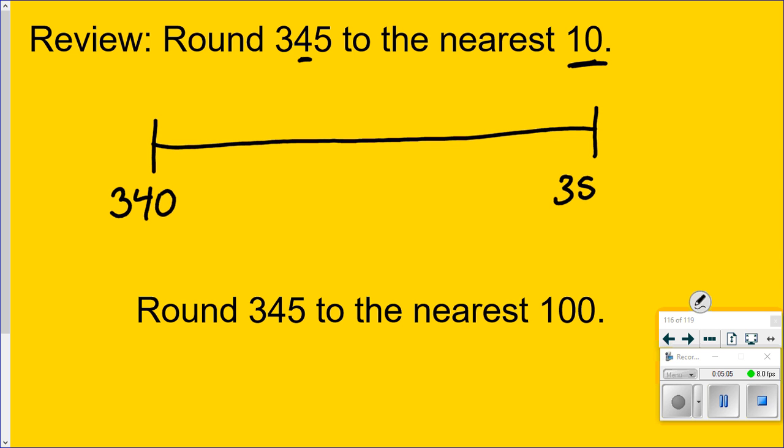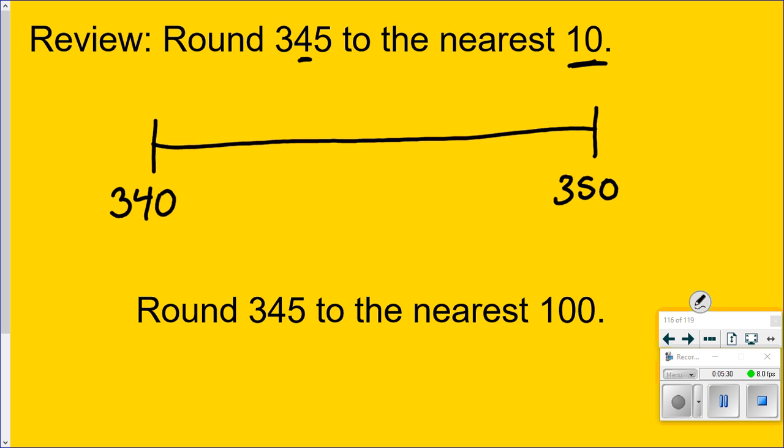Will, how'd you figure out that it was 350? Because at first I thought it was the nearest 100, and then I realized it was 10. So I counted by tens: 340, 350. 350 is 10 greater than 340.